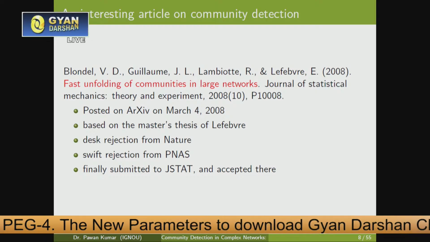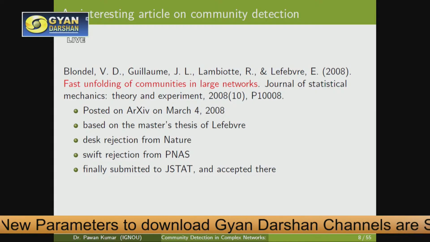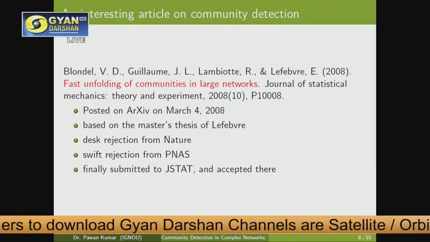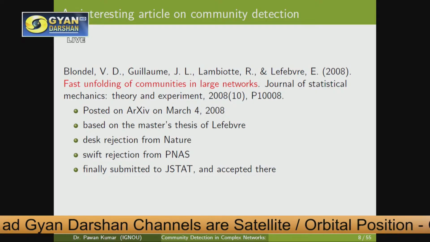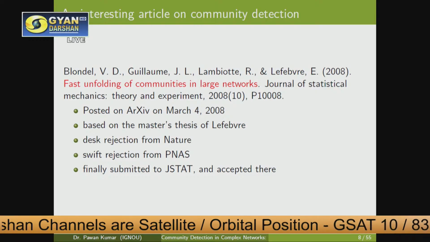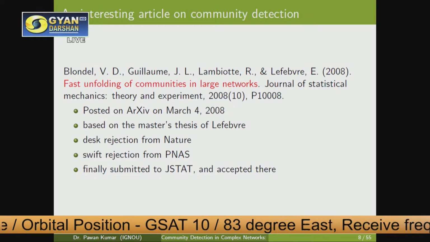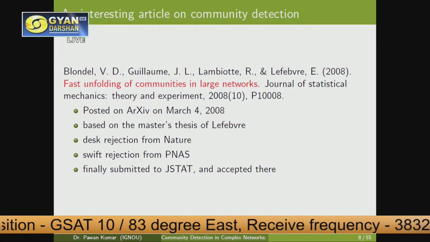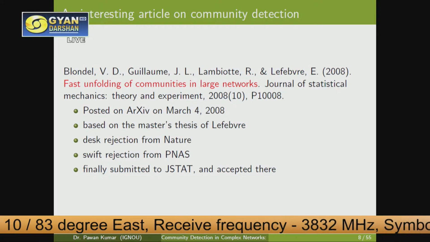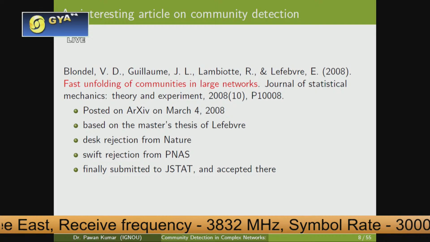It was rejected from Nature as well as from PNAS, Proceedings of the National Academy of Sciences. And then, maybe after frustration, they submitted this article to the Journal of Statistical Mechanics: Theory and Experiment, and there the article was published in the same year.